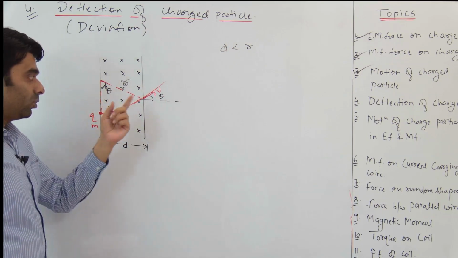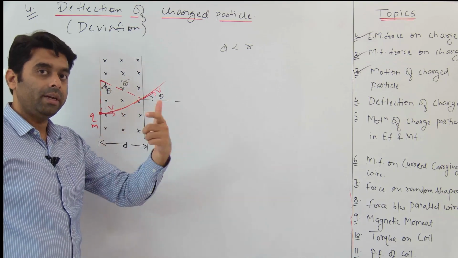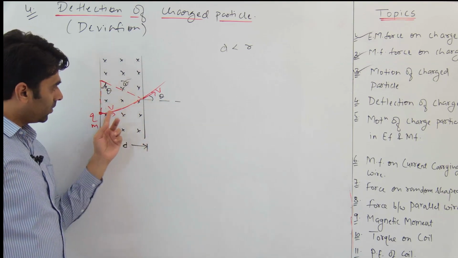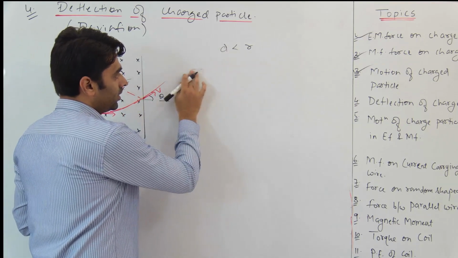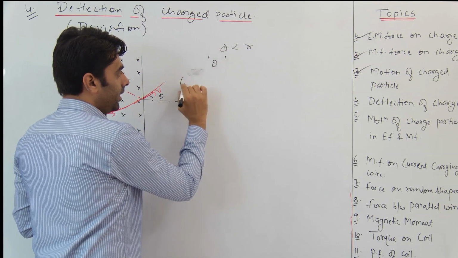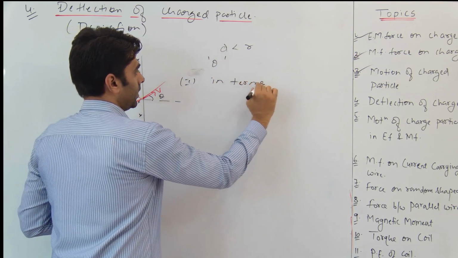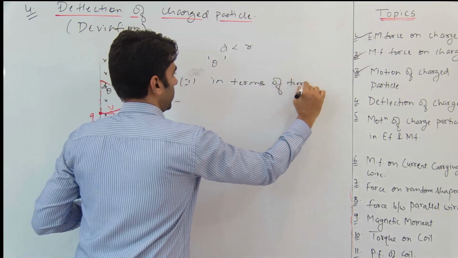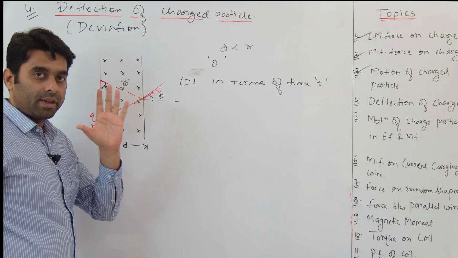Now, if we have to find out this theta, there are two ways. One is in terms of time, another is in terms of distances. In terms of time t, what do I mean by this? Let's suppose that this charged particle is taking a time t.